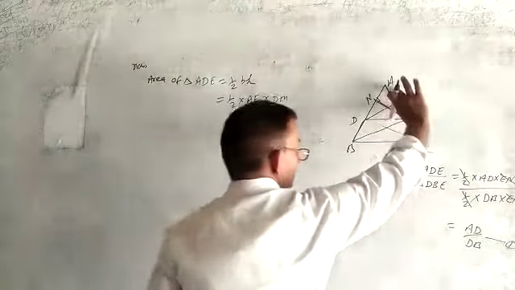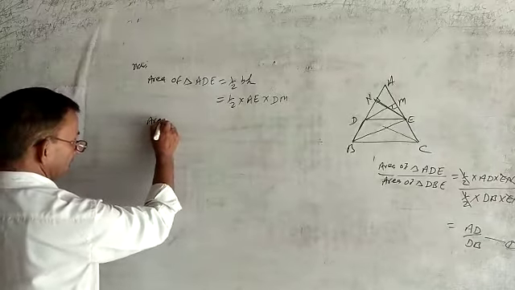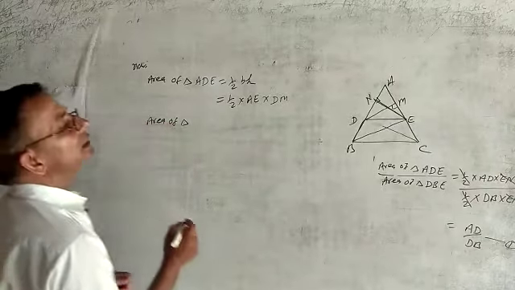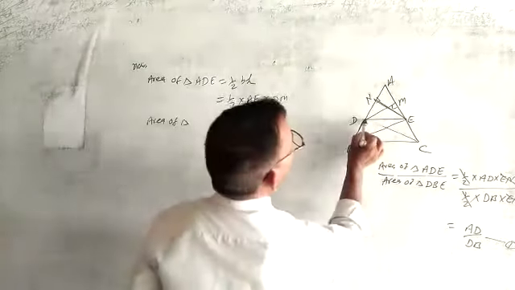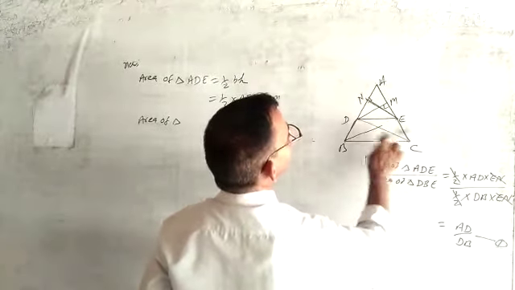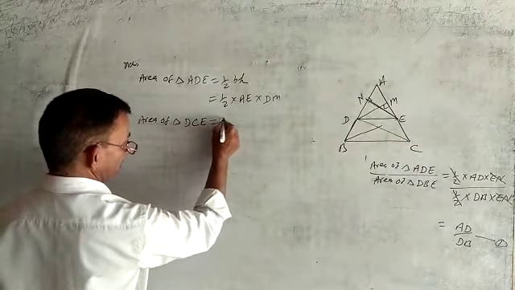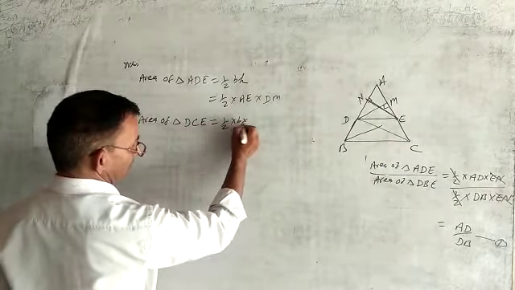Area of triangle DCE, 1 by 2 into base into height.